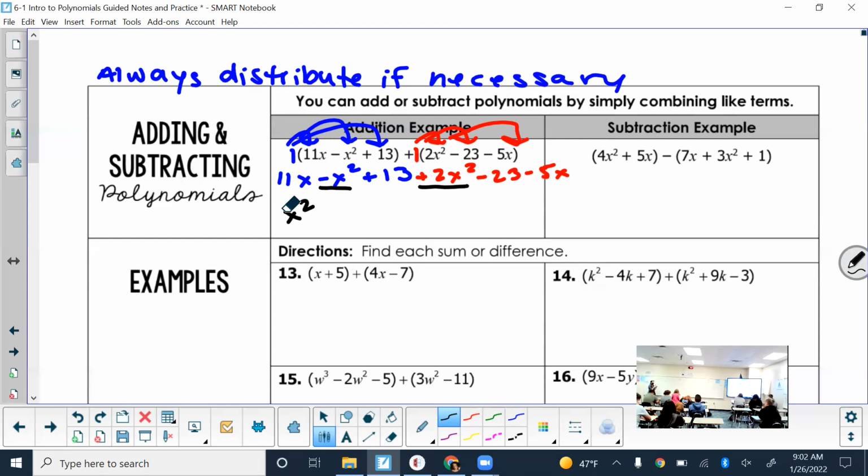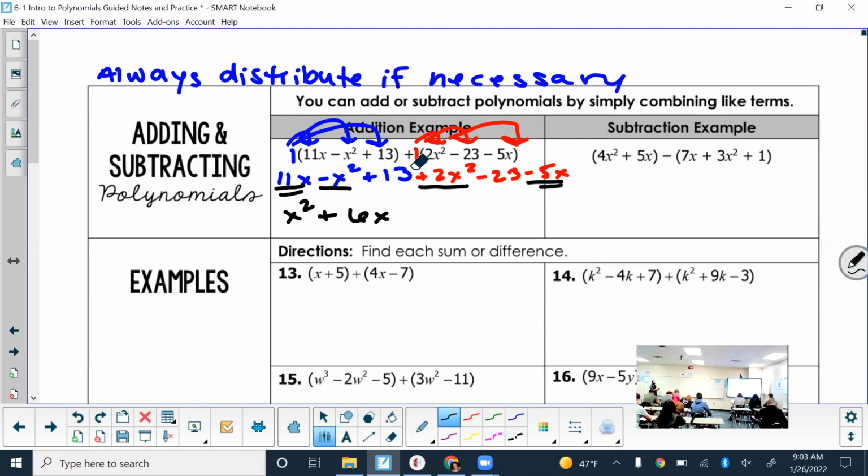And remember, when you combine like terms, you don't change the variables or exponents. Then I move on to the second highest exponent. So 11x. Does that one have a like term? Yes, what is it? And when I combine them, what do I get? 11x minus 5x. That's a 5, not an 8. And it's positive, so put plus 6x.